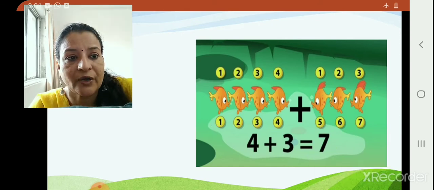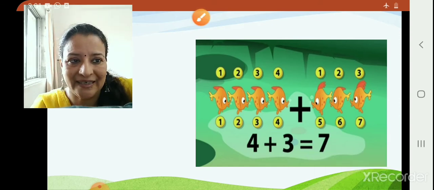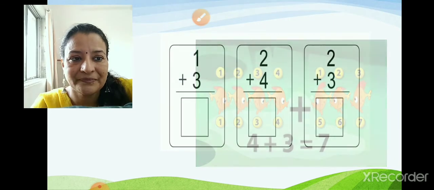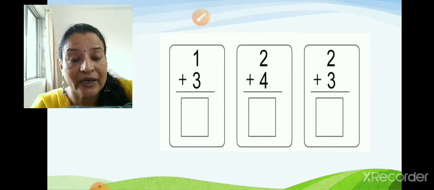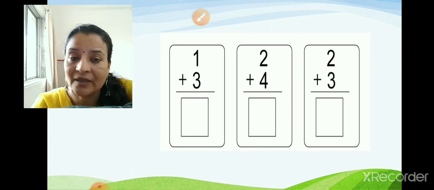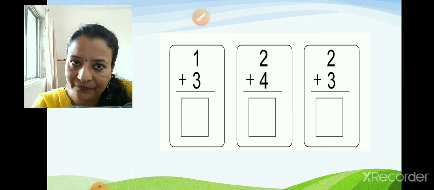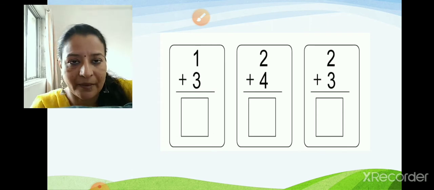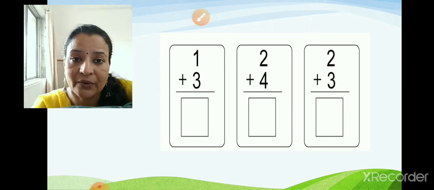Now we are going to add mentally using fingers also. Here you can see we have only numbers. There are no pictures, no balls, no fish, no bird, nothing, isn't it? Just numbers. That is how we are going to learn to add. So what do we do here first? We see the first two numbers here. You can see 1 and 3.